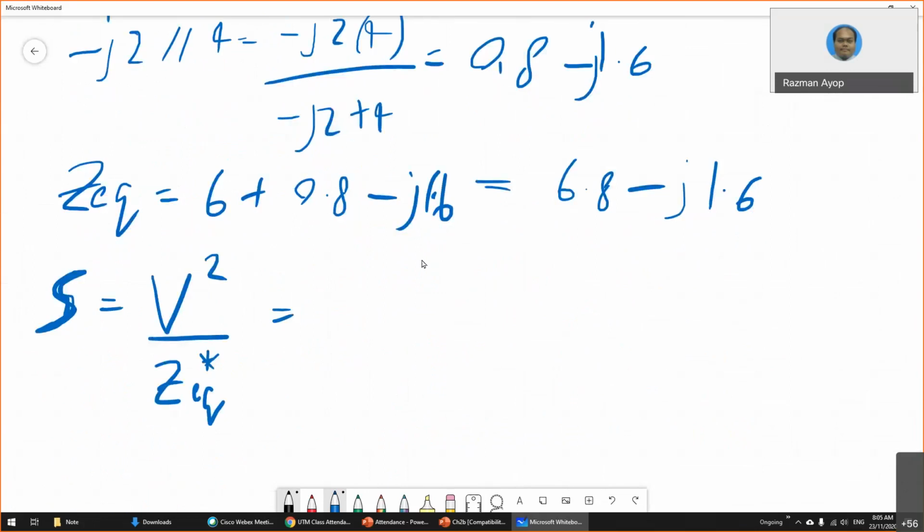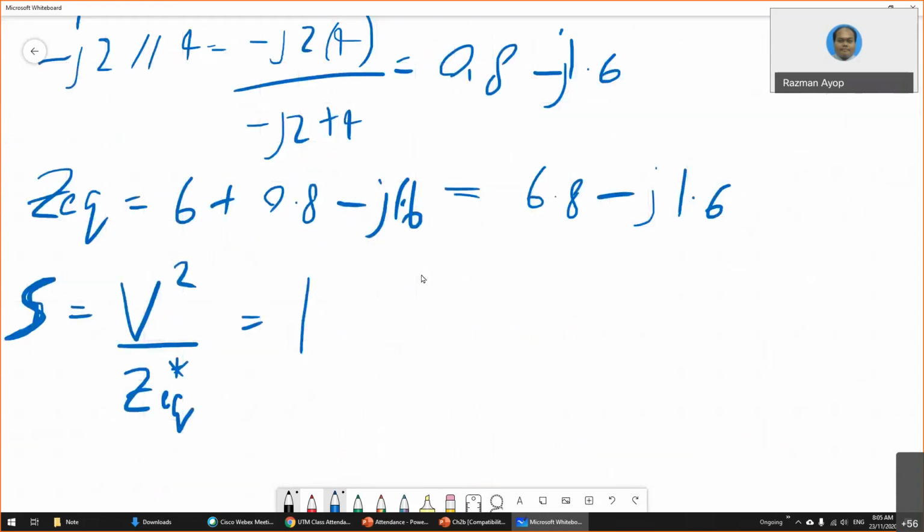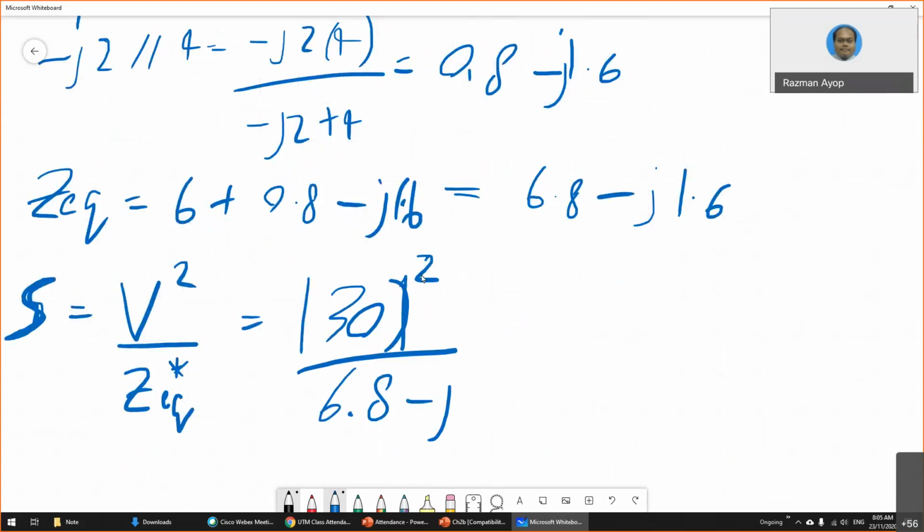If there is Z in the complex power, don't use the angle. So basically this one is 30, 30 squared, divided by Z equivalent, which is 6.8 minus J1.6. Because this is the conjugate, it becomes plus. So this one you have to change, you have to flip it.